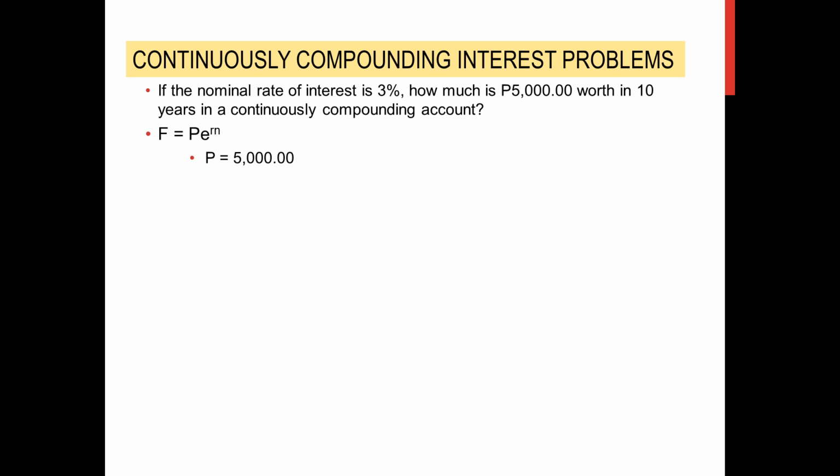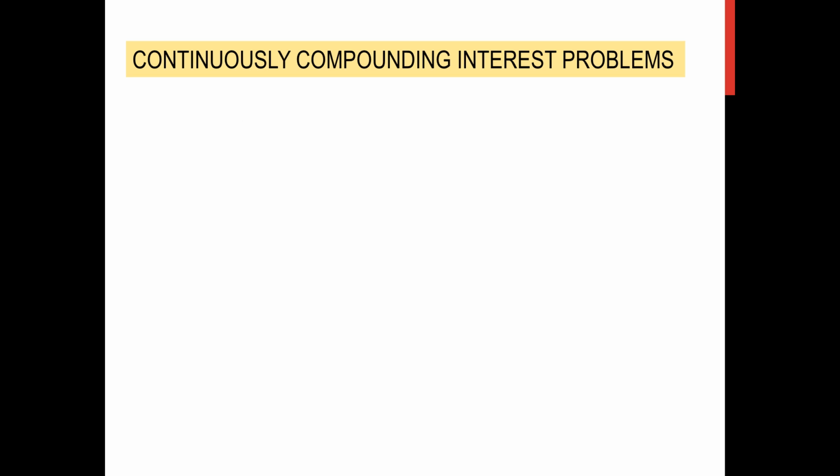P here is 5,000, the present value. N here is 10 years. Then r is 0.03. So, by direct substitution, we can get the value of F is equal to 6,749.29 pesos.